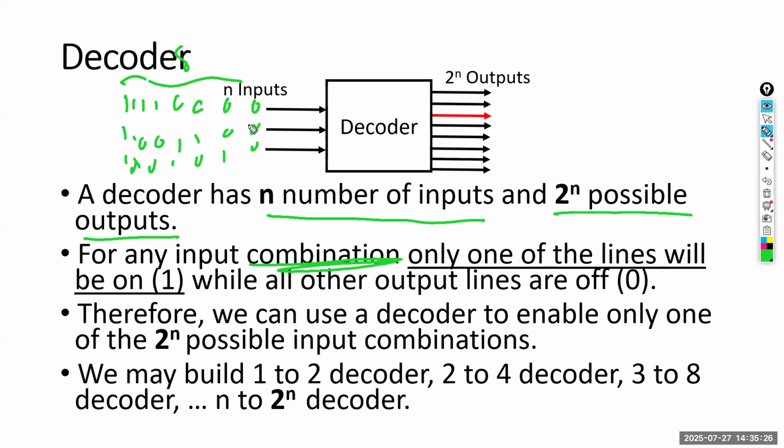For any combination, only one output must be 1, all the others are 0. For a different combination, maybe this one is 1, all the others are 0. If you have that kind of component, we call it a decoder.